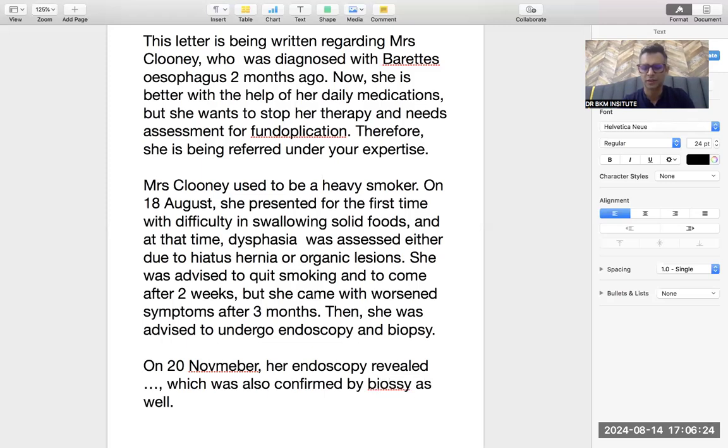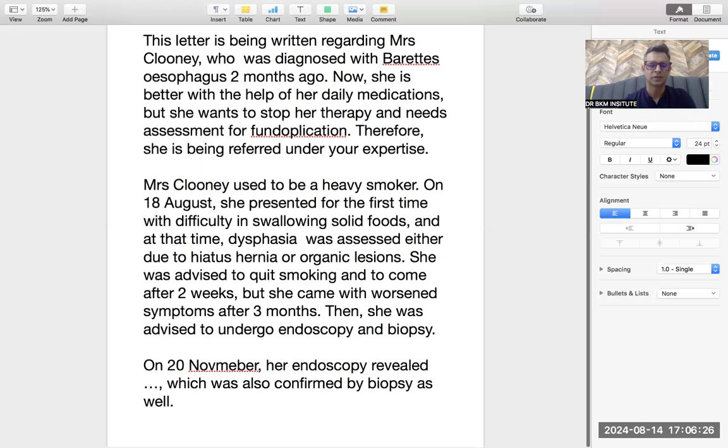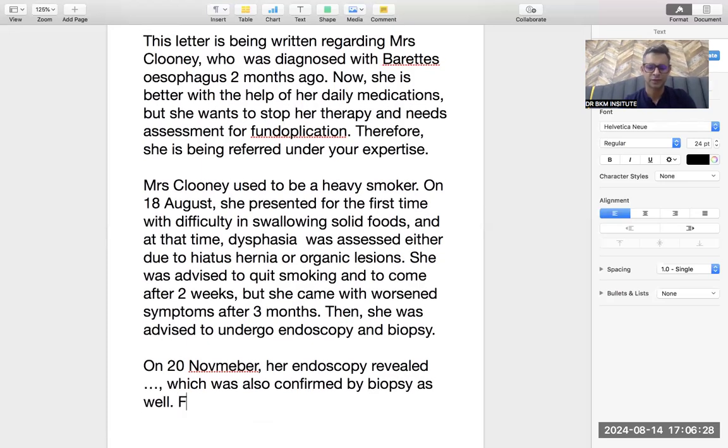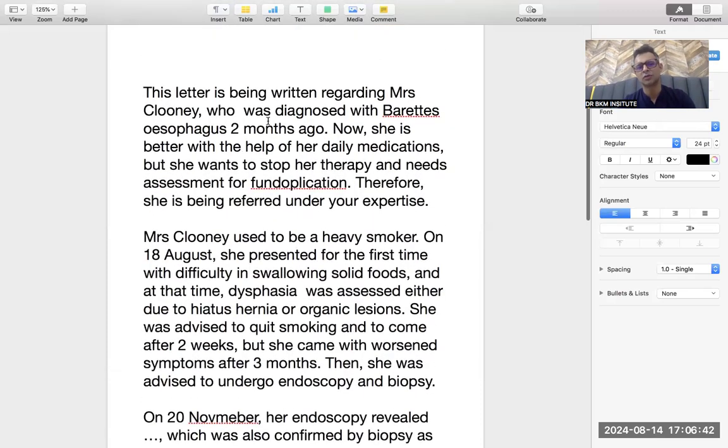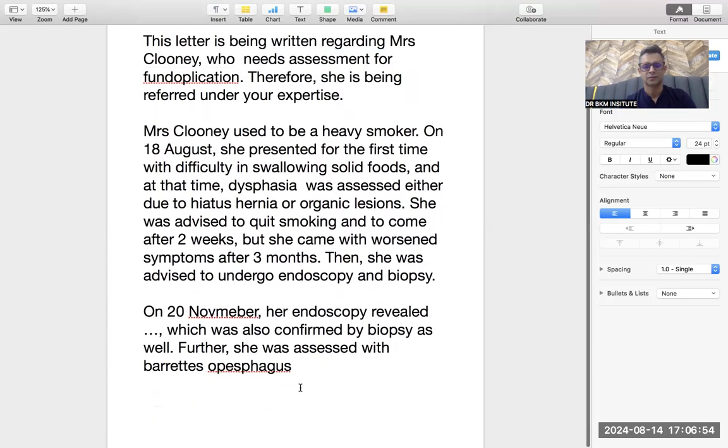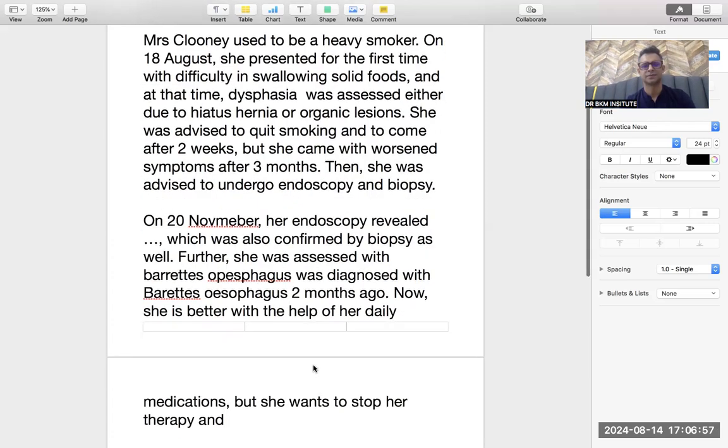All good. Over. Now you are saying, further she was assessed with Barrett's esophagus. Now, as the word count is more, I would advise don't write it over here because it will repeat. So maybe that way is better. We can avoid the data over here. I will add in here.